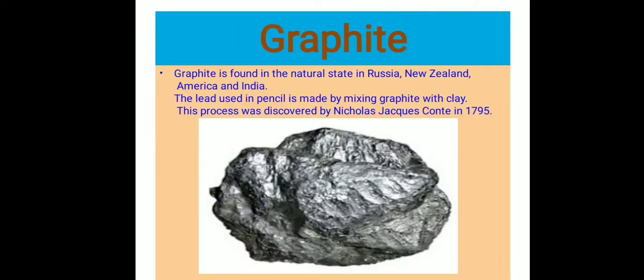Now, we learn about the second crystalline form of carbon. The second crystalline form of carbon is graphite. Graphite is found in the natural state in Russia, New Zealand, America and India.